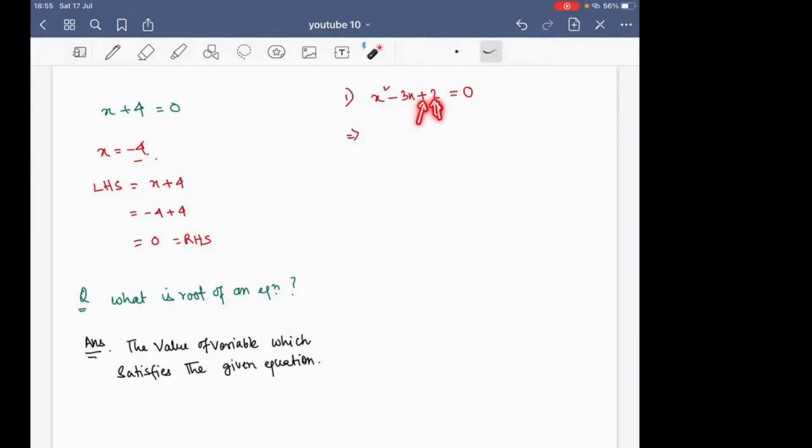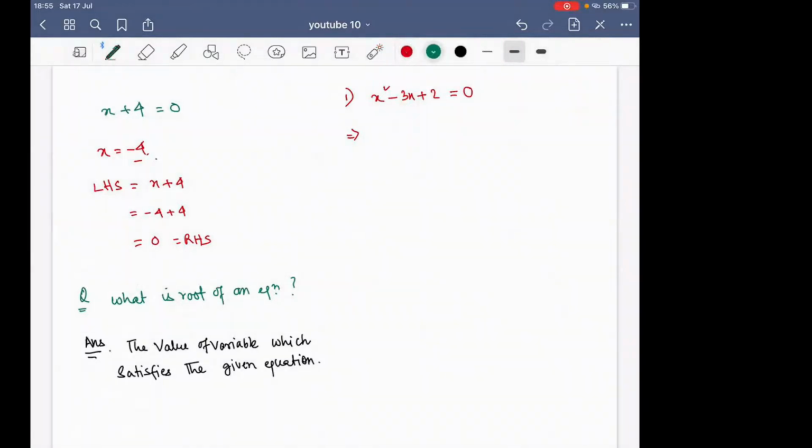And on addition, looking at this plus sign, we should be able to get 3. Okay, let me repeat again. On multiplication, we should get 2. But on addition, we are supposed to get 3. What are the numbers? Obviously, you know it should be 2 and 1, right? On multiplication, we will get 2. And on addition, we are going to get 3.